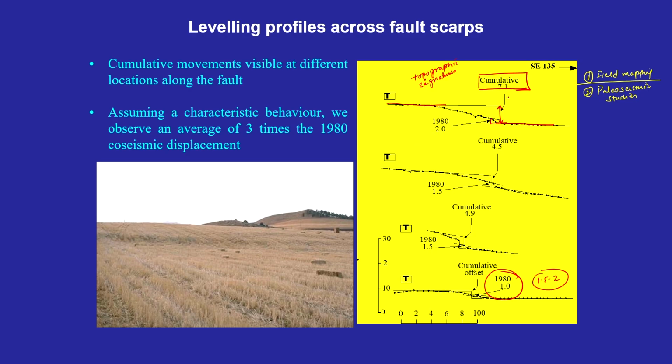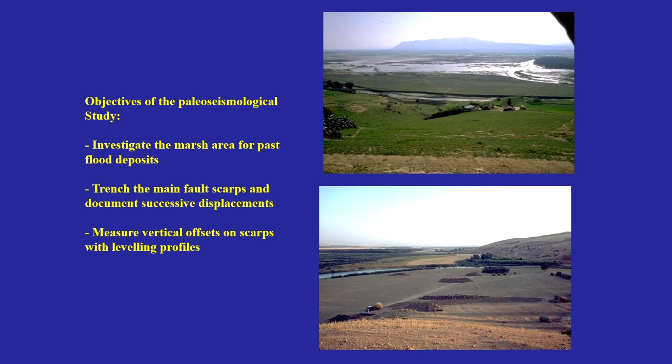Topographic signature helps you in understanding whether the scarp is a cumulative scarp indicative of multiple events or not, and similarly that goes for the sedimentary records or the stratigraphic records in the trench. They opened up the trenches across the most recent scarp which was formed, and of course they were also able to observe that during the Alasnam earthquake the scarp was much higher, and that was related to your multiple events.